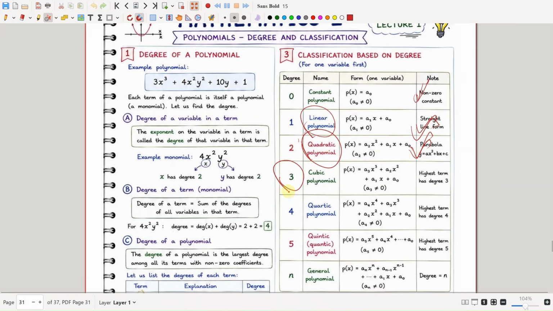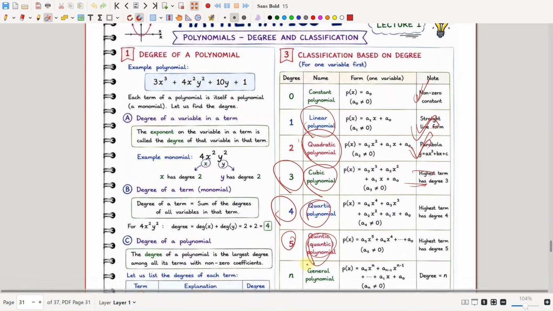If the degree is 3, you will have a cubic polynomial, and the highest term will have degree 3. If the degree is 4, you will have a quartic polynomial, and if the degree is 5, you will have a quintic polynomial. And if the degree is n, it will be called a general polynomial.